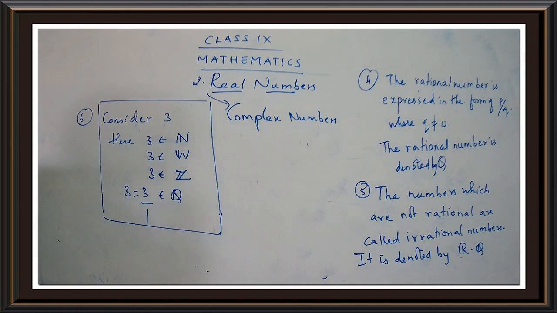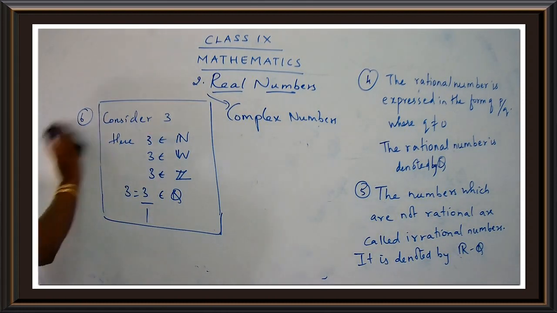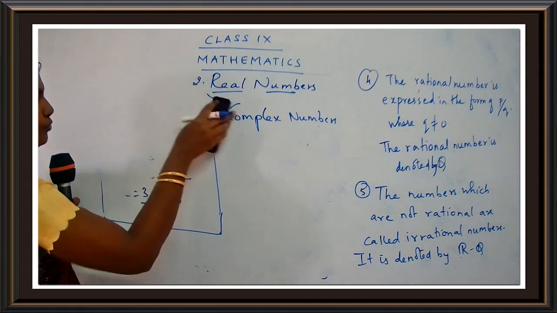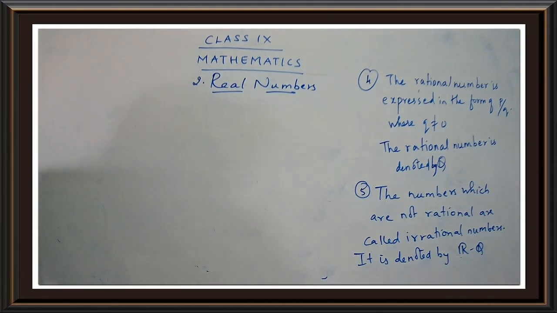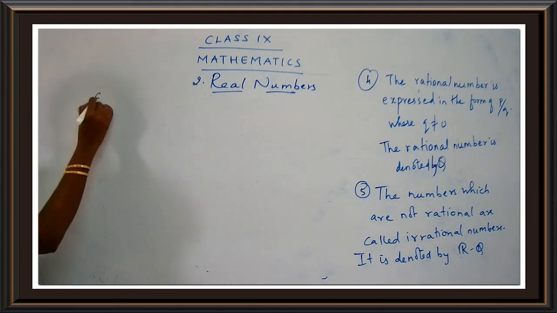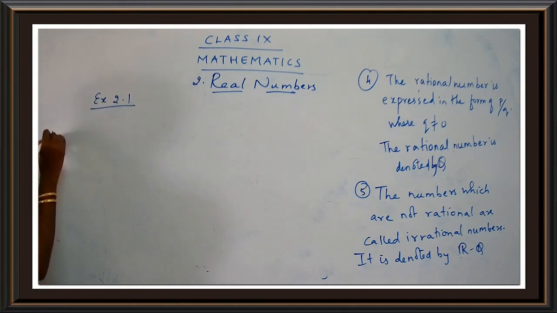Okay. Now let's come to our exercise 2.1. Write down exercise 2.1. Write down the first question. You have to draw the number line, children, and write down the question.